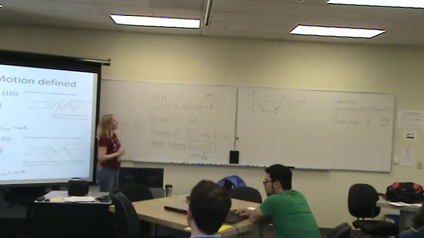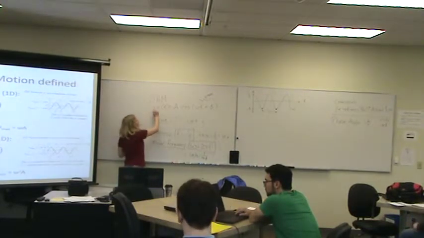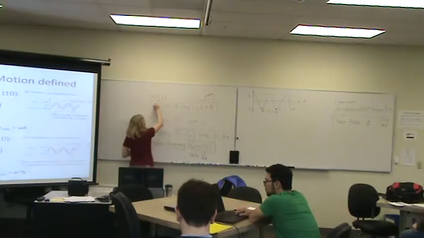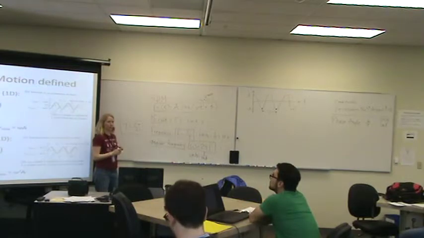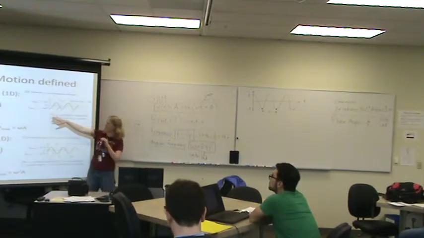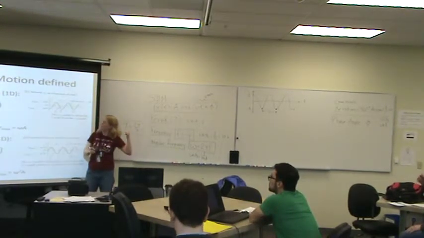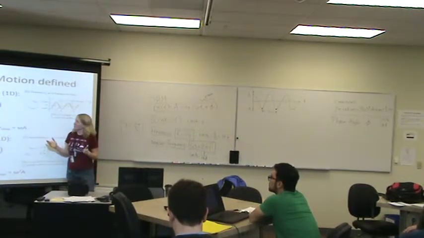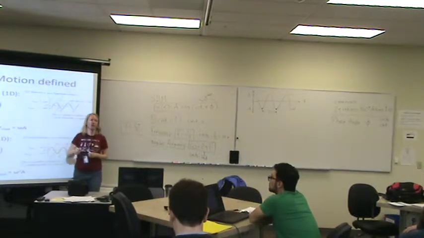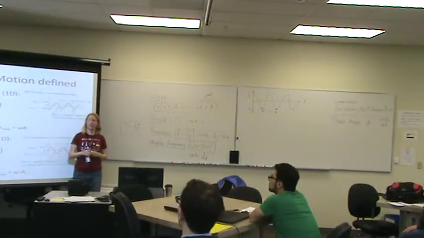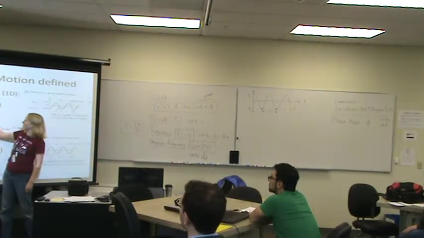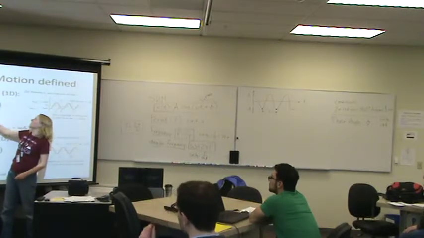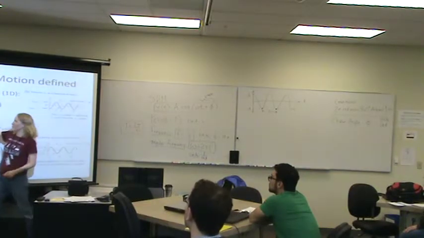Okay, so we've got our position as a function of time. If we want velocity as a function of time, we can just take the first derivative. I've done that on the overhead, so I won't show it again on the board. If you're thinking about the calculus in your head, we have to do the chain rule. We take the derivative of the inside, which gives us omega, and then the derivative of the outside, which gives us a negative sign.